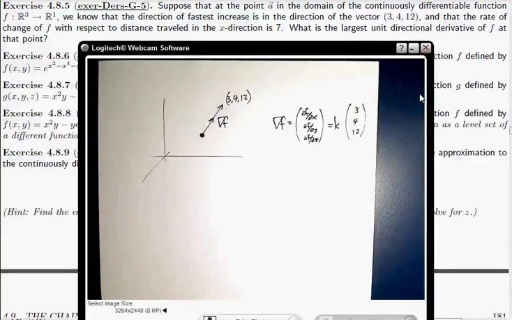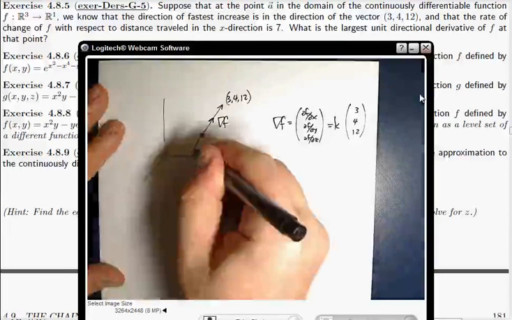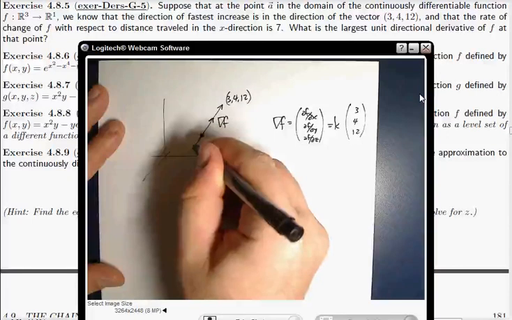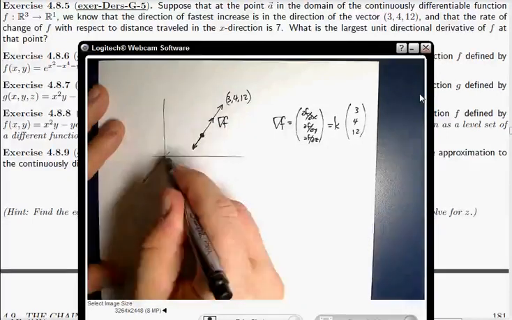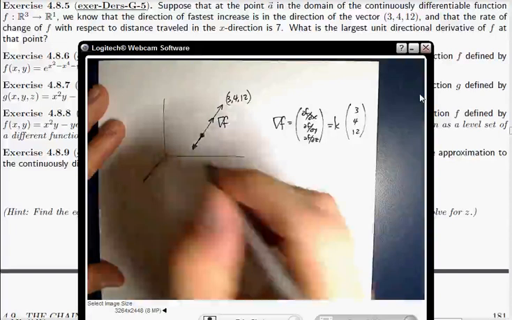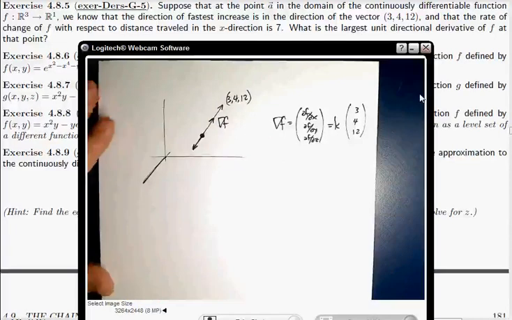Okay, next, I'm also given that the rate of change of f with respect to distance traveled in the x direction is 7. So as I move in the x direction, this is supposed to be parallel to the x-axis here. And a rate of change of f with respect to distance traveled means unit directional derivative.